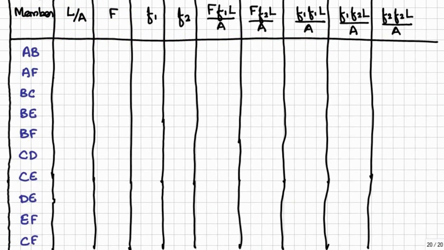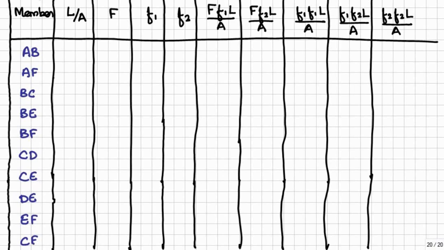So this is the table we are going to use. First is the member column. Here I have listed all members starting from AB, AF, then BC, BE, BF, GF, CF, totally 10 members. And L by A, because in our displacement coefficient expression as well as displacement expression, we have L by AE.